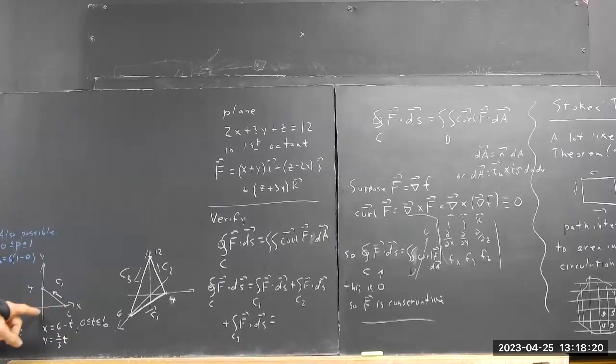And if we want to go from 6 to 0, then we just need 6 times that. And then y goes from 0 to 4. If you get used to thinking about this, and you really do need to be able to do this kind of parameterization, you understand the advantages of both.